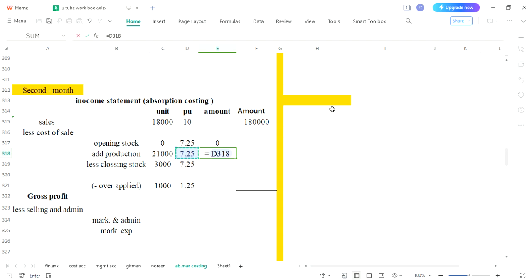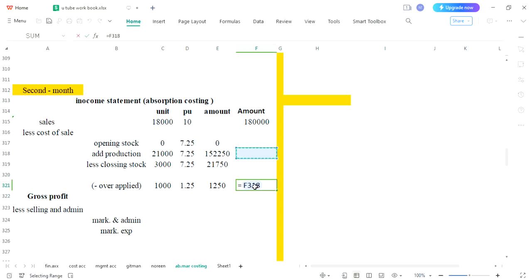Number of units of production 21,000, per unit cost 7.25, number of units of closing stock 3,000 and per unit 7.25, number of units of over applied 1,000 and per unit fixed cost 1.25. Signs are already present. We need to add less and again less. This would complete our cost procedure.